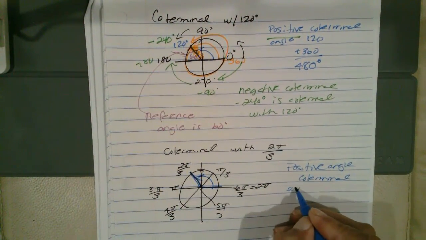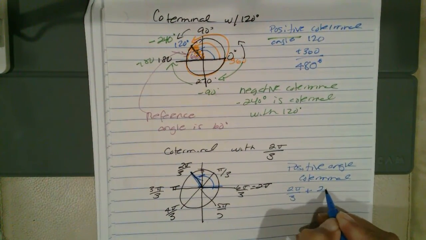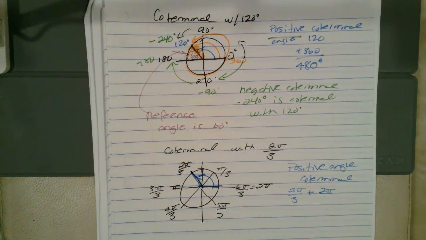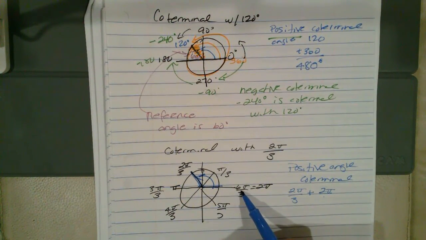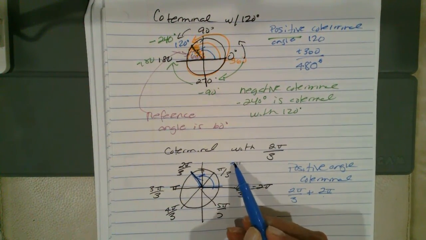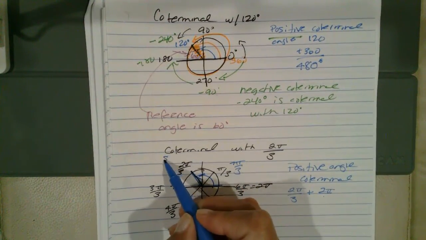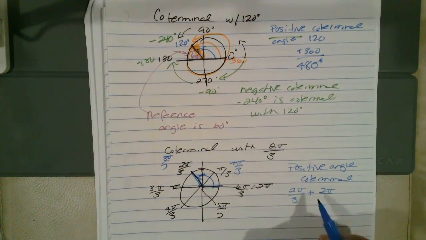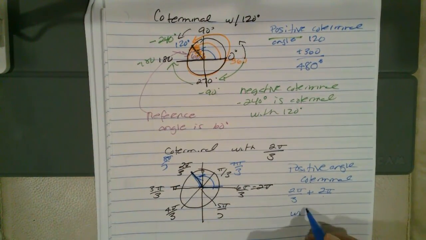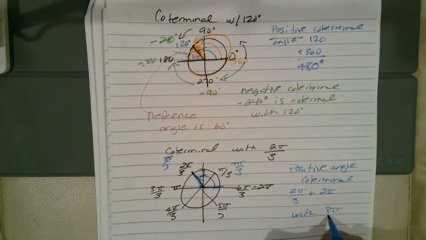I can take 2 pi over 3 and add 2 pi. You can do it with a common denominator, you can use your calculator, or you can count the way around, whatever works for you. If I went all the way around, I know that this is 6 pi over 3, then one more would be 7 pi over 3, and then one more would be 8 pi over 3. So this is coterminal with 8 pi over 3.